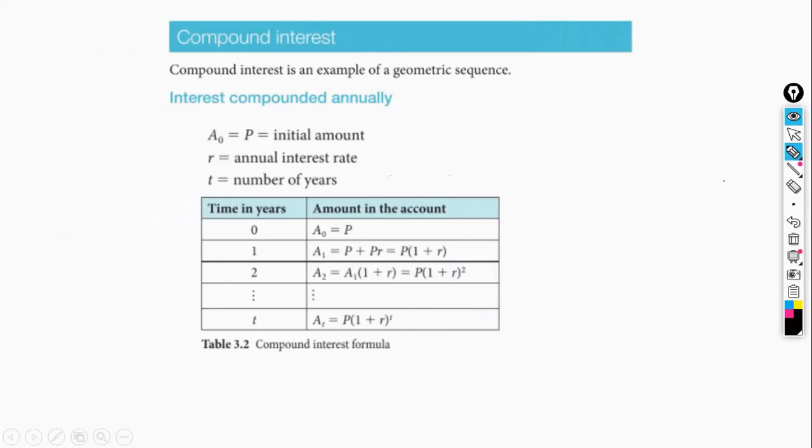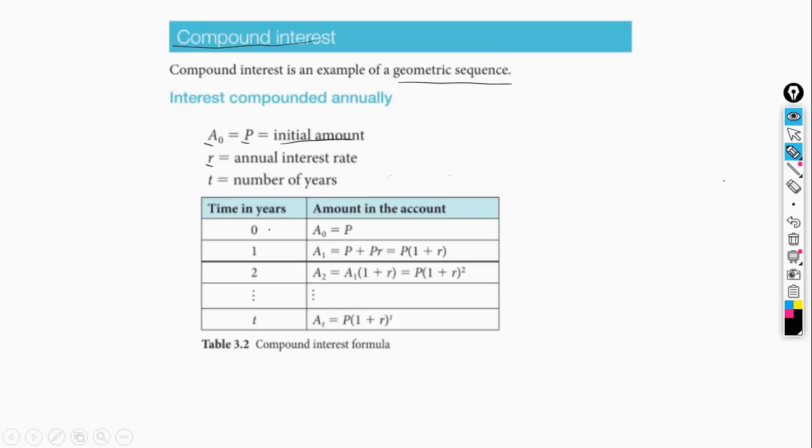In the next slide, you're going to find some notes about compound interest. Compound interest is an example of a geometric sequence, and we're going to see that through this table here. A sub 0, or the first term, is equal to P, the principal or initial amount. R is the annual interest rate. R is a percentage, so it's written in decimals. T is the number of years. So notice that when you make a deposit, let's suppose you're putting money in the bank and they're giving you annual interest.